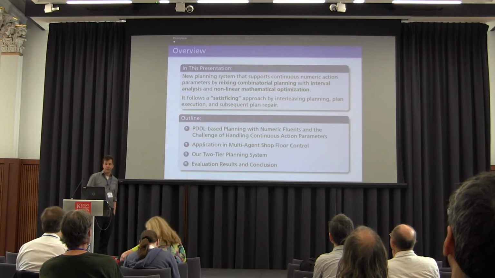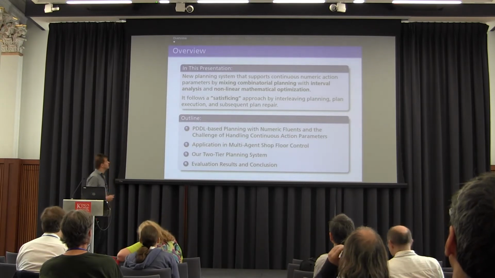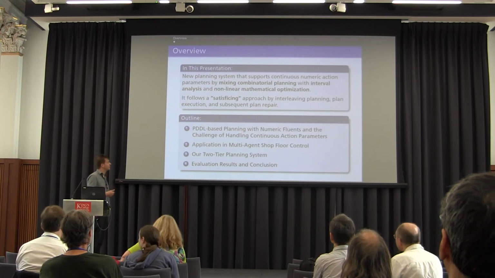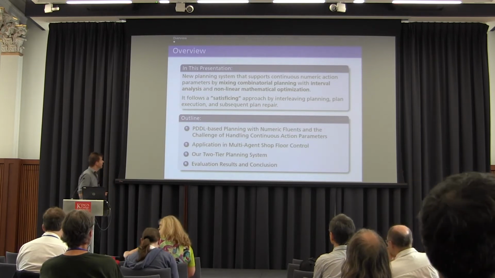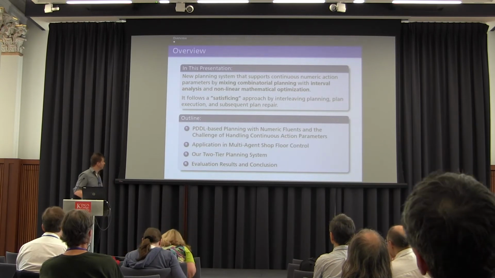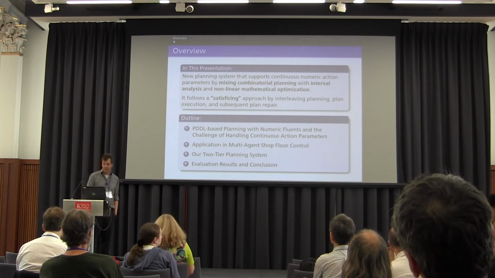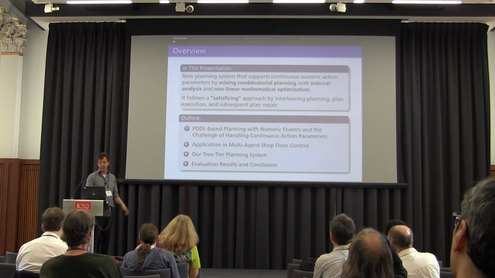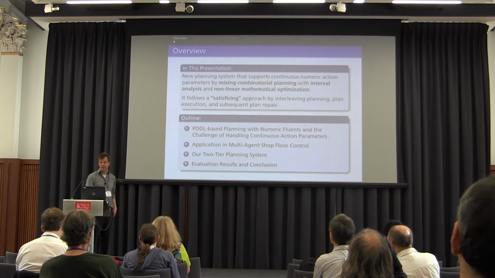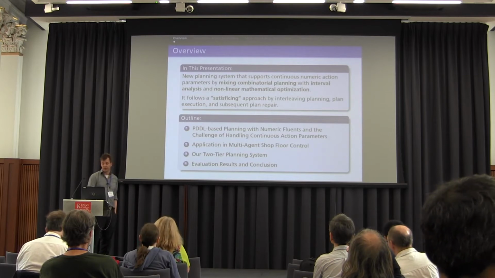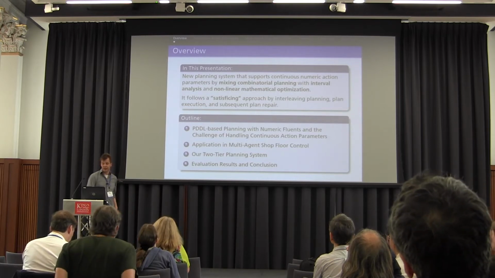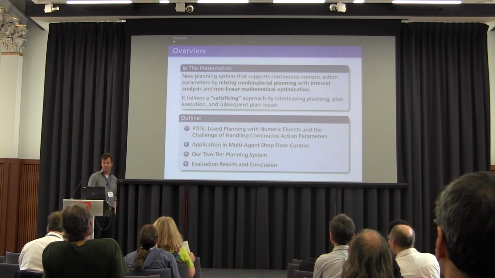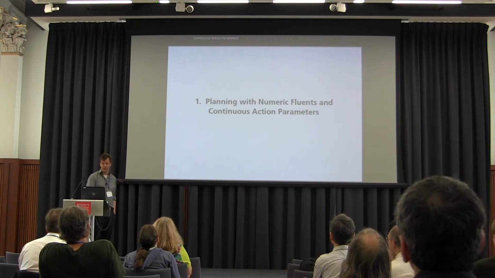To get you into these continuous numeric action parameters, or how Maria likes to call them, control parameters, we will go to PDDL-based planning with numerical fluents and the challenges that come out of it, applications to multi-agent shop floor control, where we start out to get industrial applications, and our two-tier planning system, results, conclusion, as always.